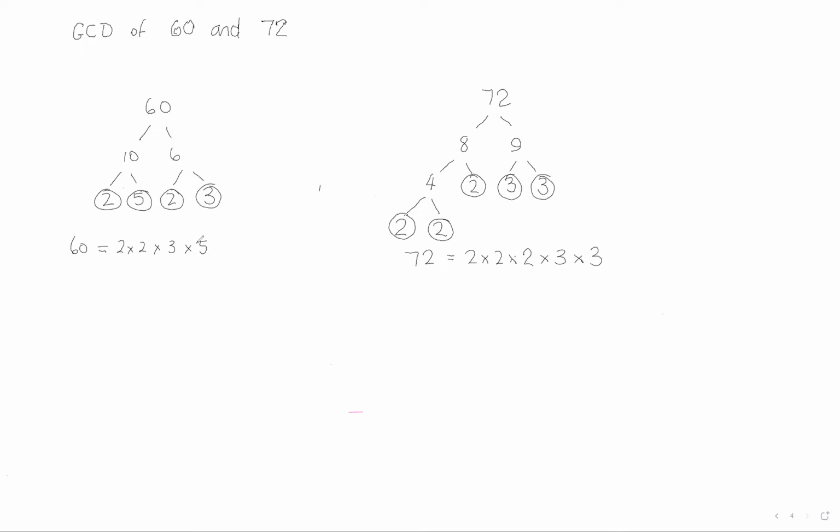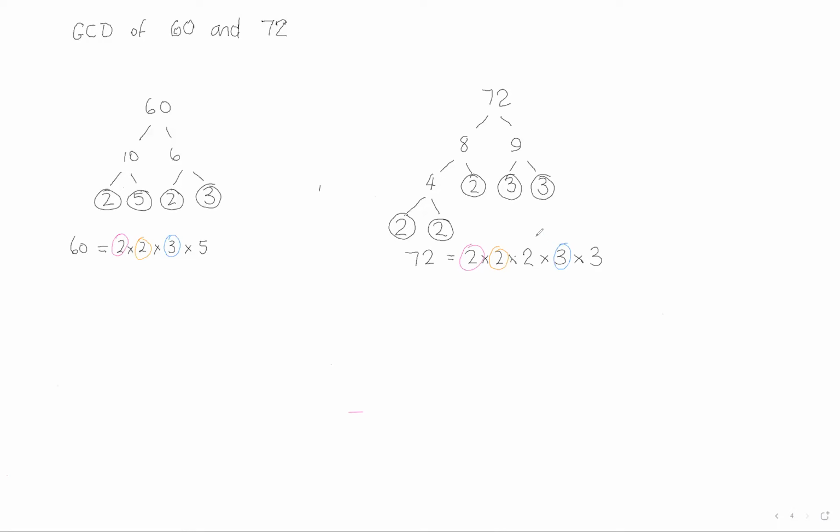Okay, so now we go and look for the common factors. We have a common 2. We have another common 2. We have a 3 in common. And that's all we have in common because there's a 5 in the 60, but there's no 5 in 72.